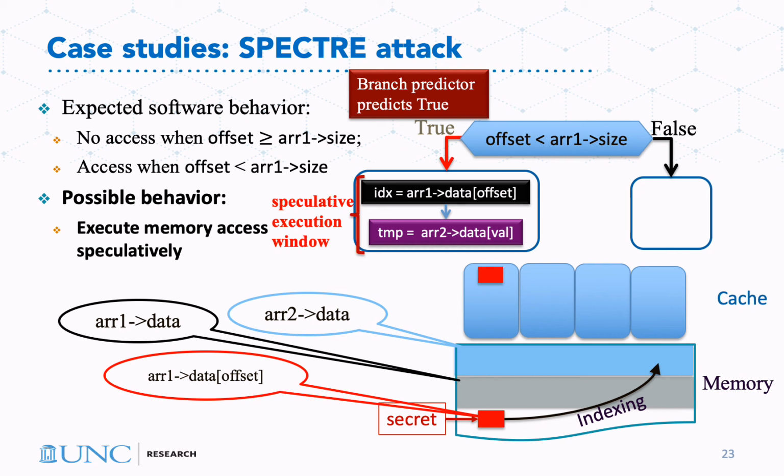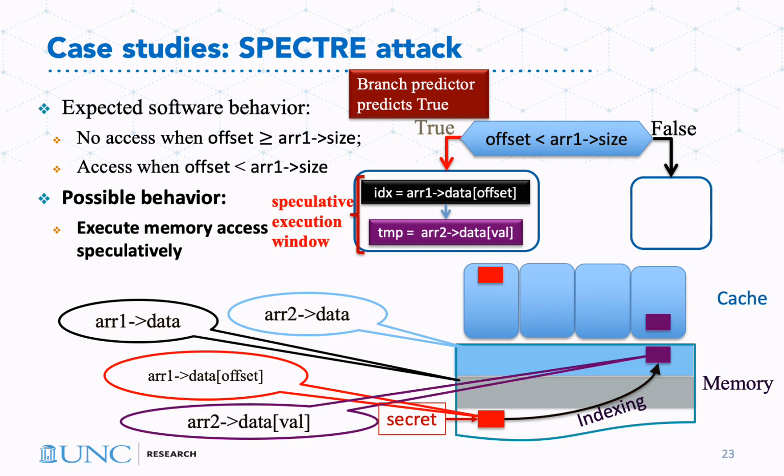Then, these secret contents could be used as an index to access some data inside of array 2. Although the CPU would revert most changes when a misprediction is detected, such reverting process does not revert the cache state. So the attacker would be able to use a cache-based side channel to infer the secret value.